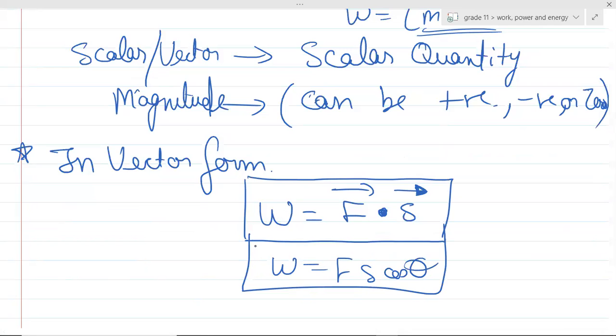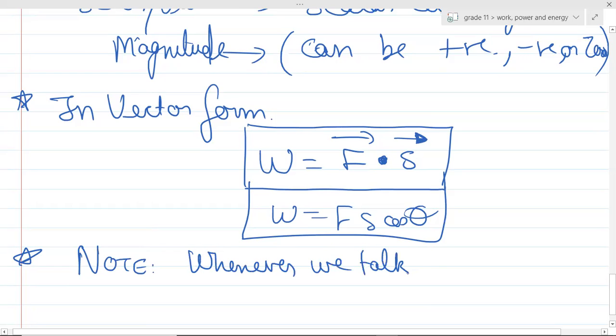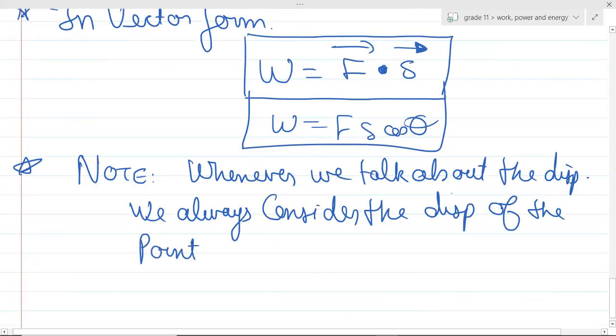Note, whenever we talk about the displacement, it is the displacement of the point of application of force.